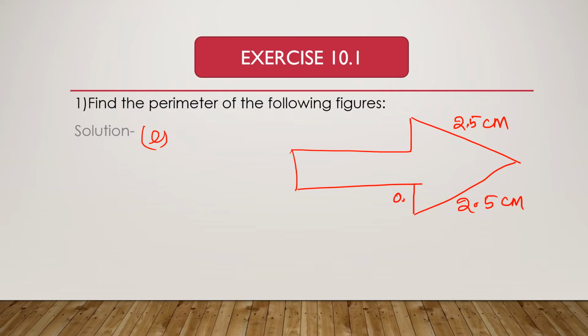This is 0.5 centimeter. This one also 0.5 centimeter. And this one is 4 centimeter. And this one also 4 centimeter. And this is 1 centimeter. We have to find the perimeter of this given figure, that is arrow symbol.